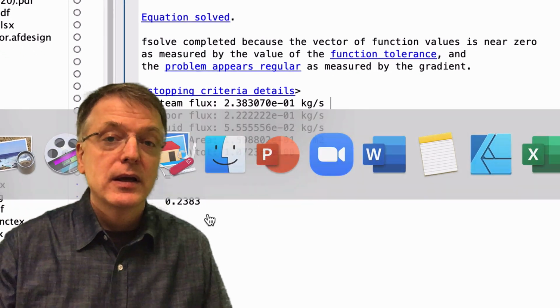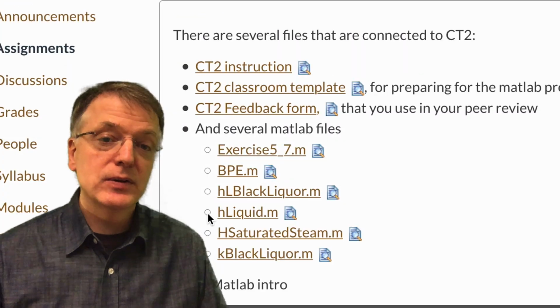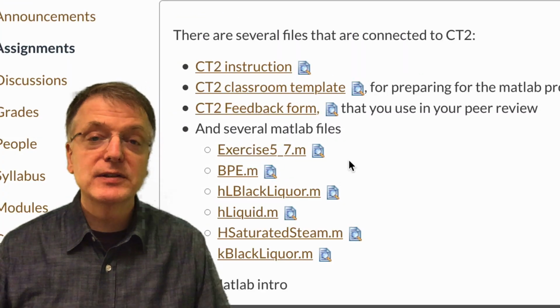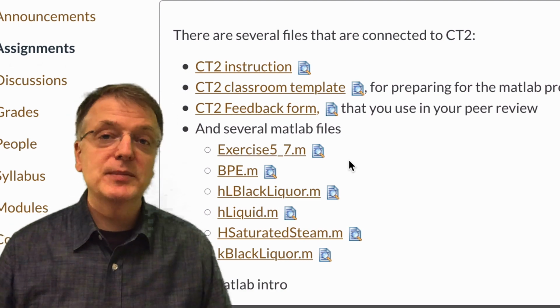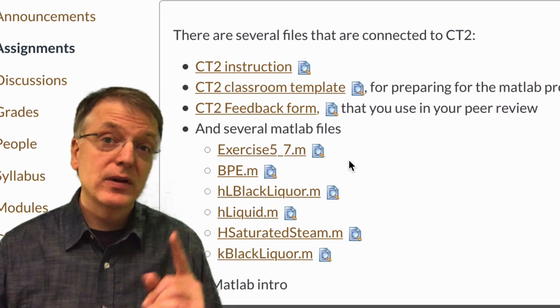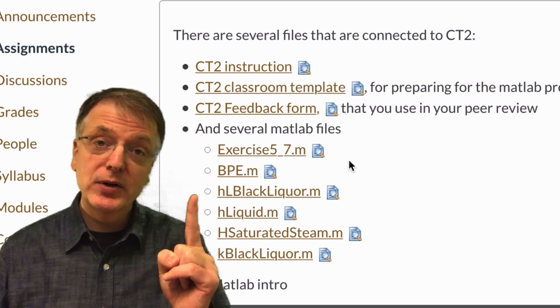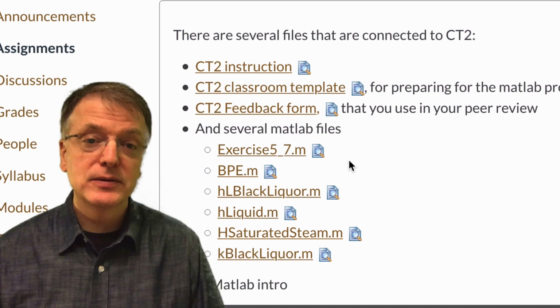Okay, what you're supposed to do is to take this exercise 5.7 and reprogram it, so it now not only uses one evaporator, but 3 different evaporators.